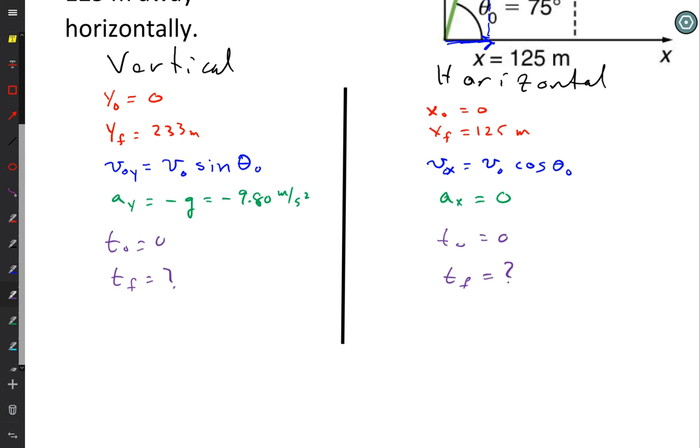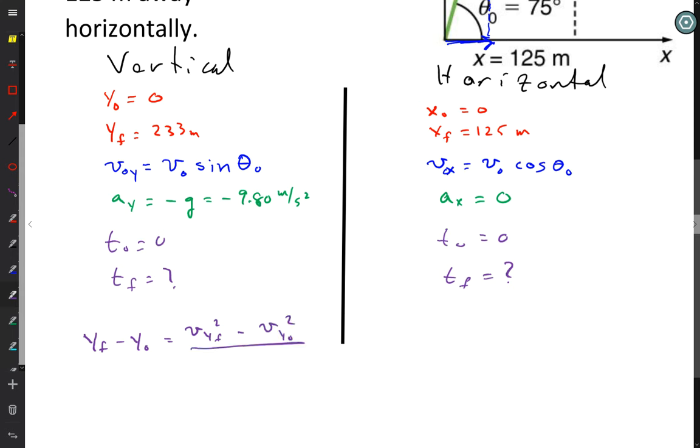And so I can use y final minus y initial is equal to Vy final squared minus Vy initial squared all over 2ay.